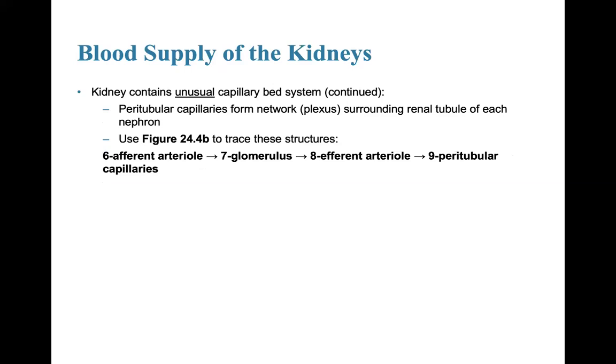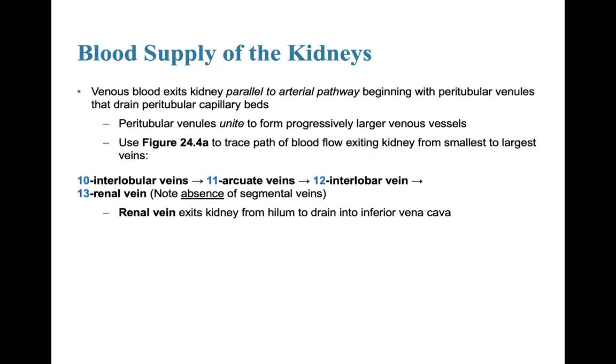The peritubular capillaries will form a network or plexus surrounding the renal tubules of each nephron. So the afferent arteriole will feed into the glomerulus, which drains into the efferent arteriole, which will feed into the peritubular capillaries. The venous blood exits the kidney parallel to the arterial pathway, beginning with the peritubular venules that drain the peritubular capillary beds.